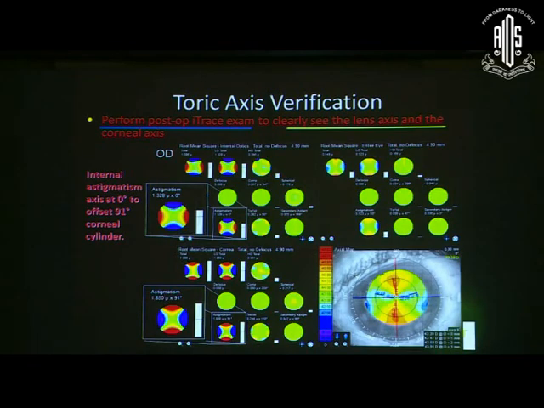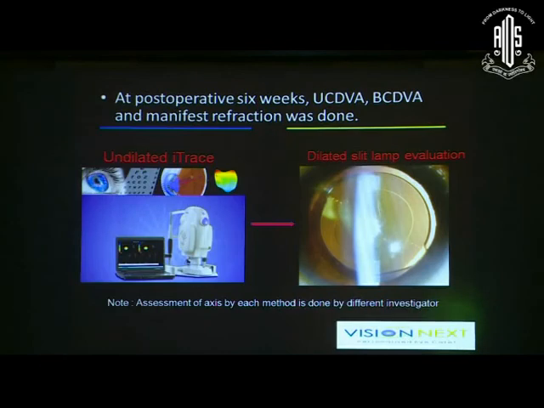Even in the undilated pupil, this is the advantage, and it's objective. We had actually done a comparative study in which we found that the axis given by iTrace is not at all different from what we can get clinically, but it's giving me a more accurate axis as compared to clinical judgment, because on clinical judgment we have a variability of around 5 degrees, while it can give me a variability of up to 1 degree.